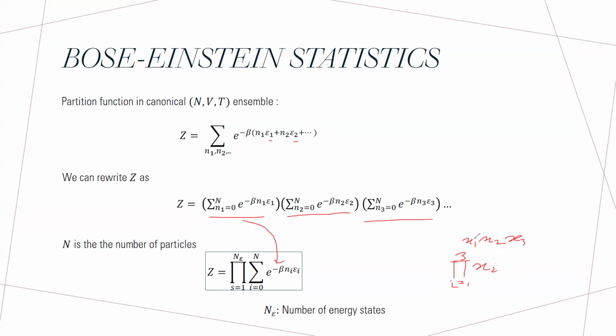So this is the product, x1 times x2 times x3. So that's what we are doing here: calculating the product for all these summations. We have to do this for each energy state. That's why it goes from 1 to the number of energy states.